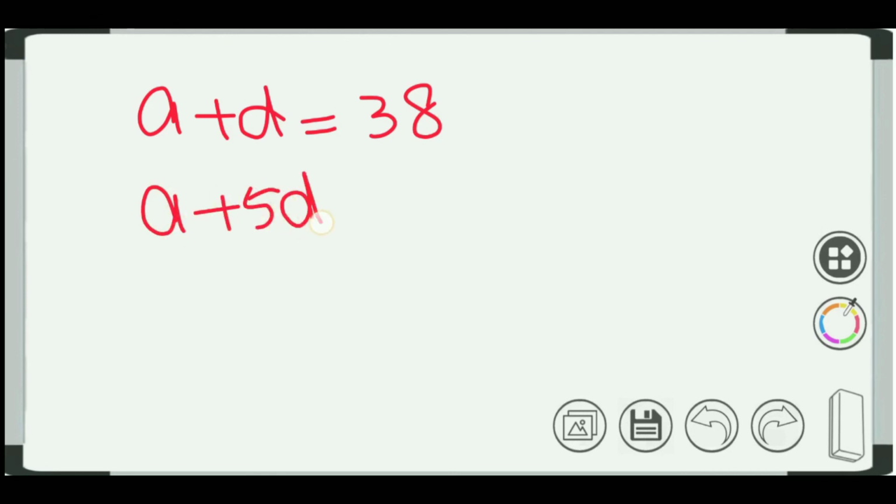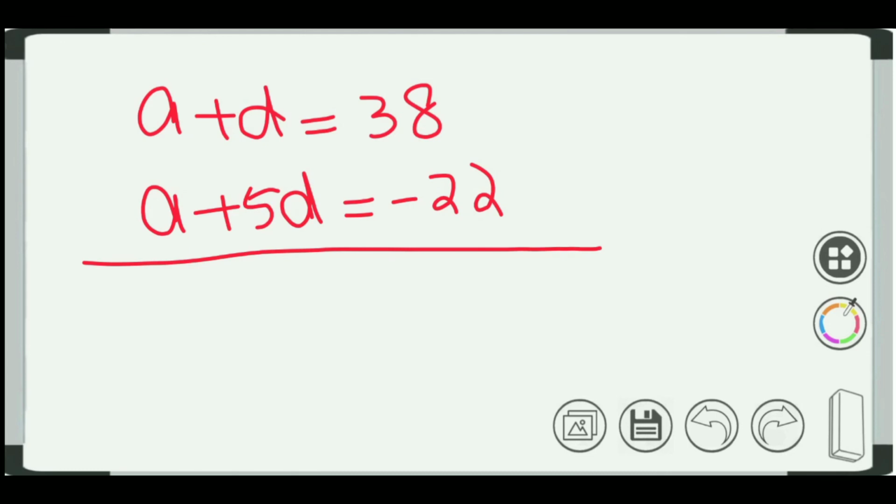First one was A plus D equal to 38. A plus 5D equal to minus 22. Subtract. See, this is 38 minus 22. So, 38 minus minus 22 is 38 plus 22, which is 60.